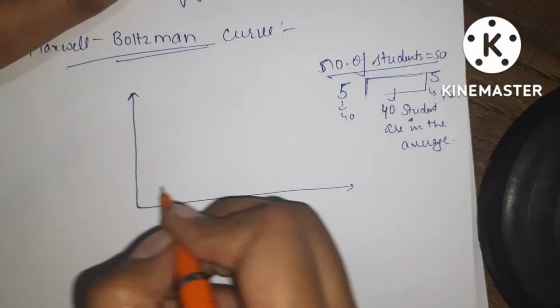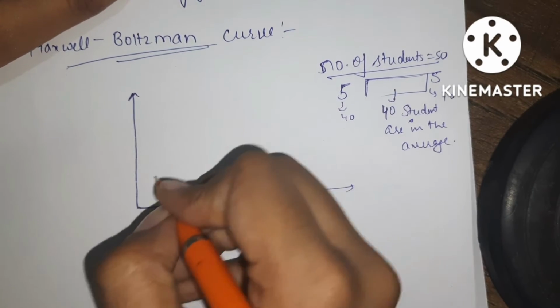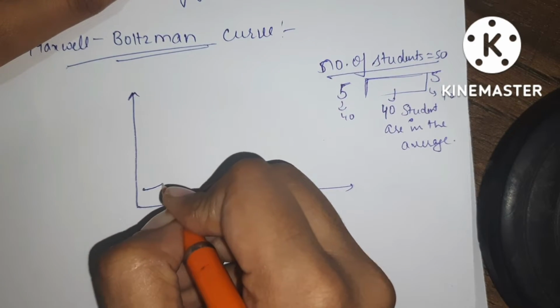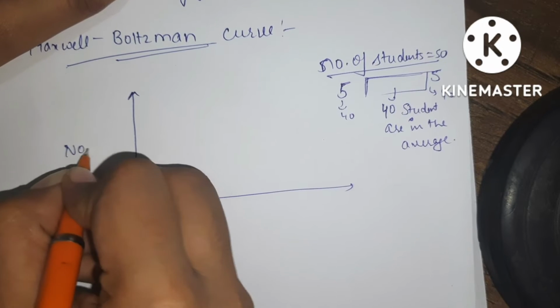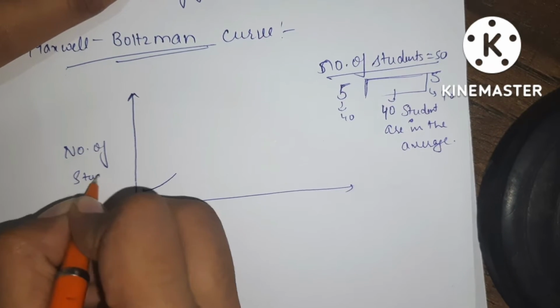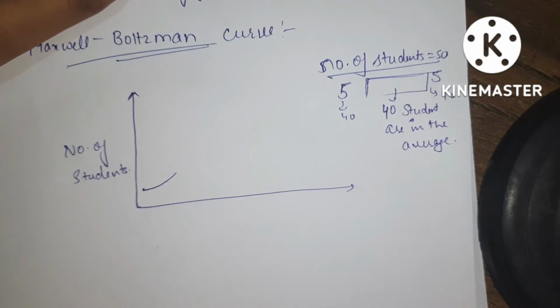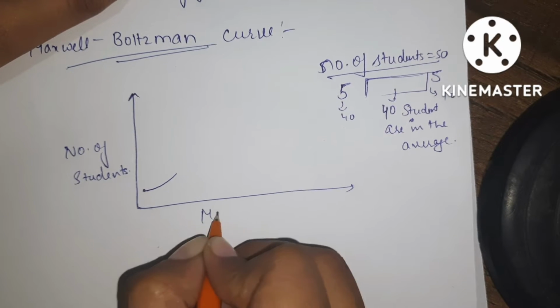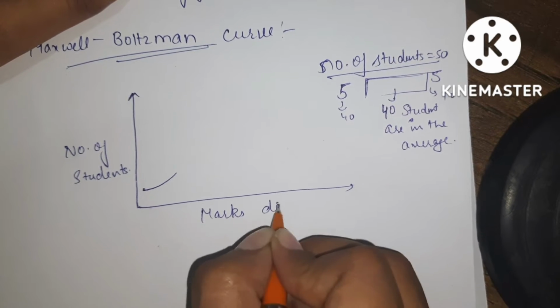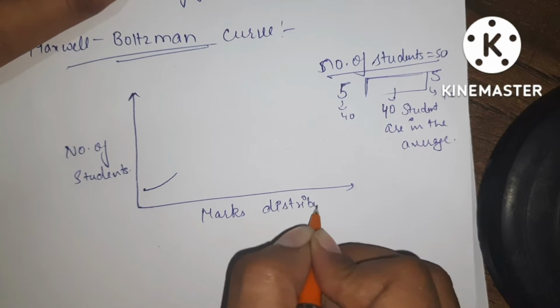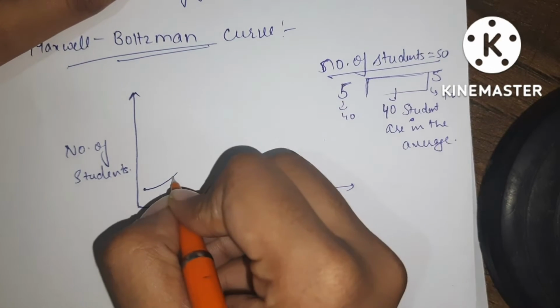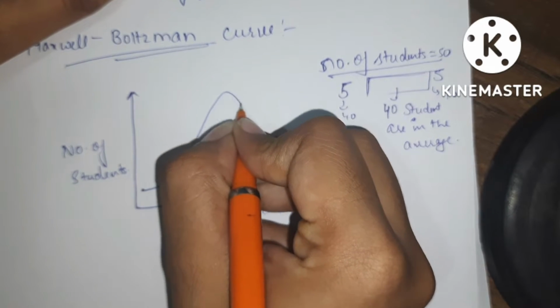So by this we can plot a graph of a class, between the number of students and the marks distributed among them. The graph is going to be like this curve.